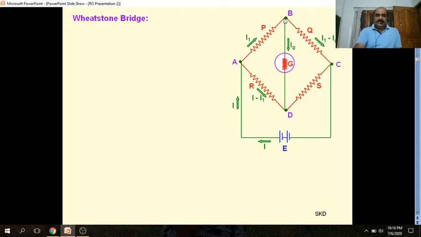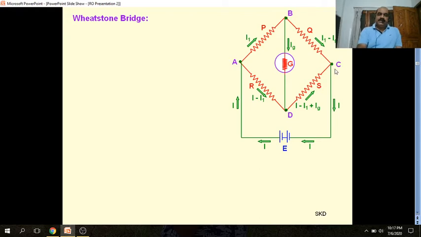Ig will flow through the galvanometer, and the remaining I1 minus Ig will go through the resistance Q. If we consider the junction D, these two currents I minus I1 and Ig are coming to the junction D. So naturally the current leaving the junction will be I minus I1 plus Ig, the sum of the two.